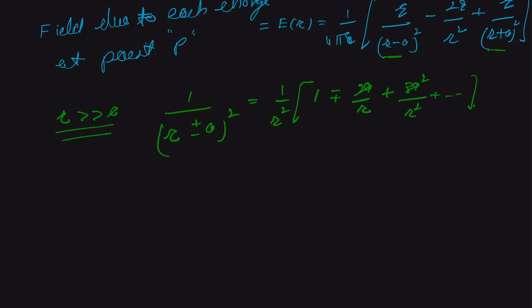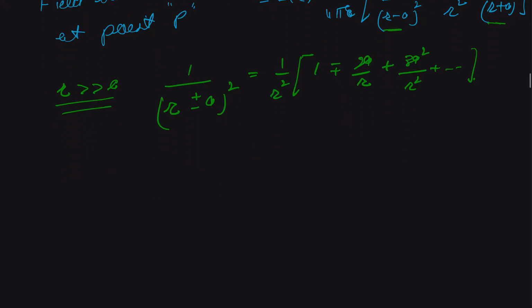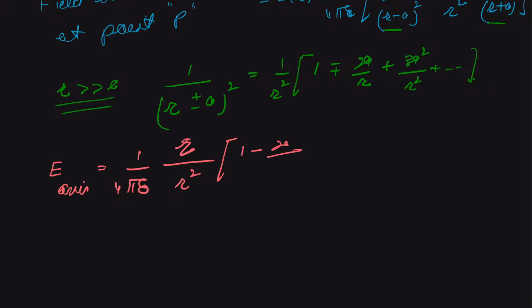So we can simply substitute it, and we get that the electric field on the axis is equal to 1 upon 4 pi epsilon naught q over r squared, times 1 minus 2a upon r plus 3a squared upon r squared.